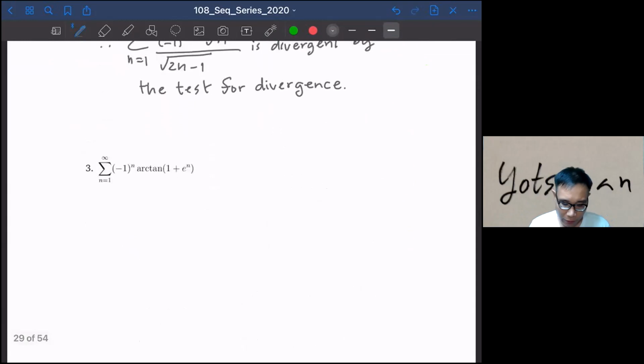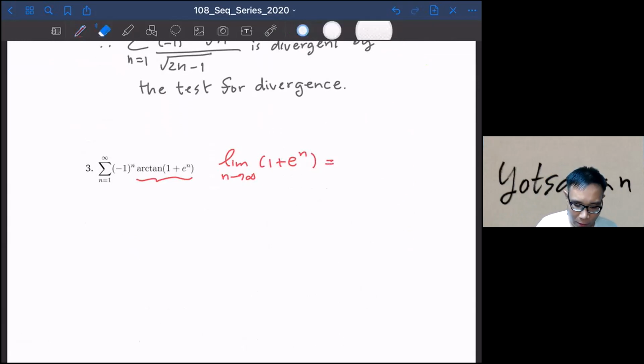Similarly, for this one, I'll let you do it on your own. Try to find the limit as n goes to infinity of 1 plus e to the n for me. You're going to see that it turns out to be not equal to 0, and you'll be able to conclude that the series is divergent.